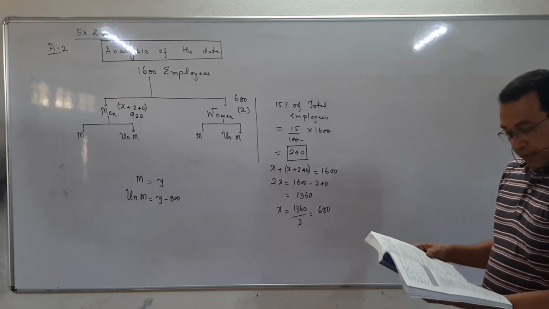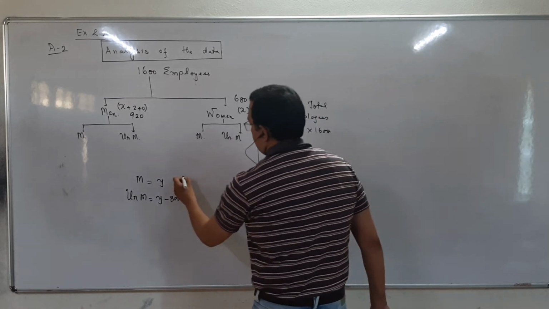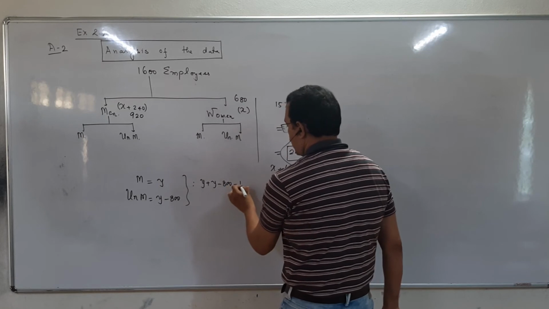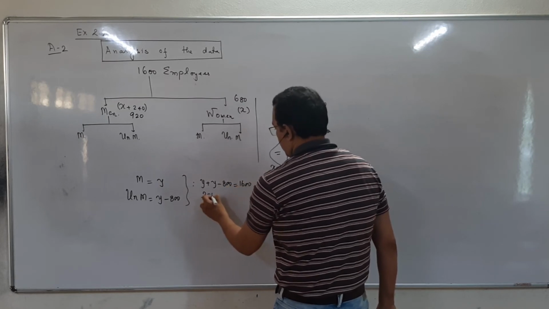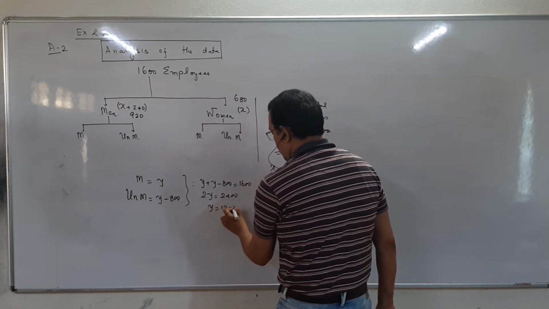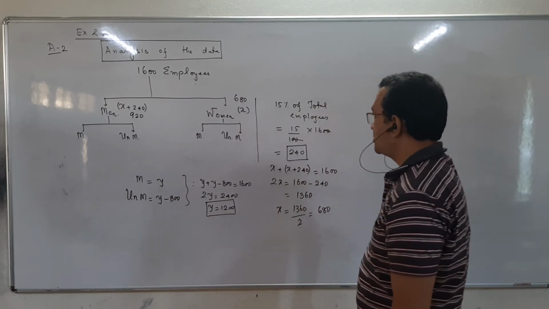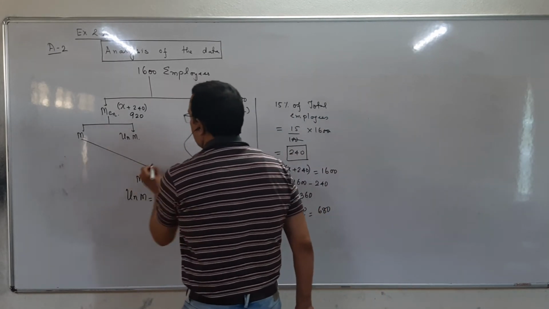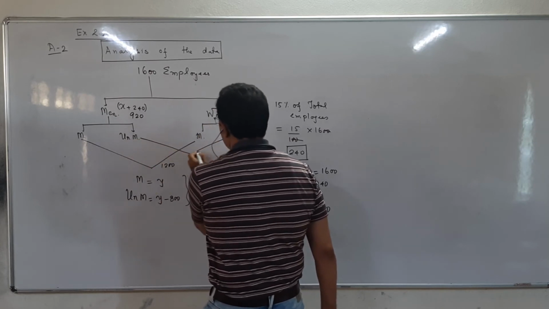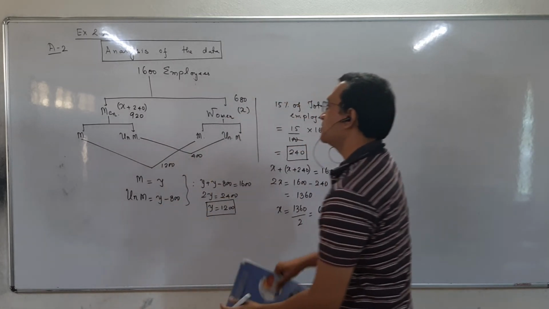Total employees, again I total this, Y plus Y minus 800 will be 1600. So twice Y is equal to 2400. So Y is equal to 1200. So total married employees is 1200. Unmarried men and women are 1200 minus 800, which is 400.